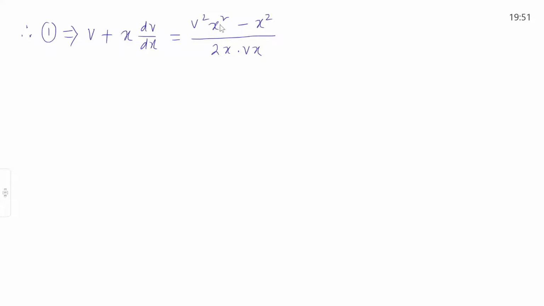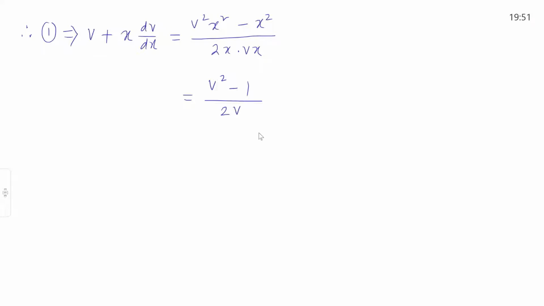Here x square is common, and x square is already there, so cancel it. The numerator is simply v square minus 1 and the denominator is twice v, after cancelling x square.